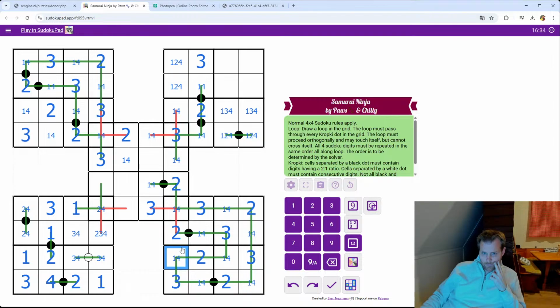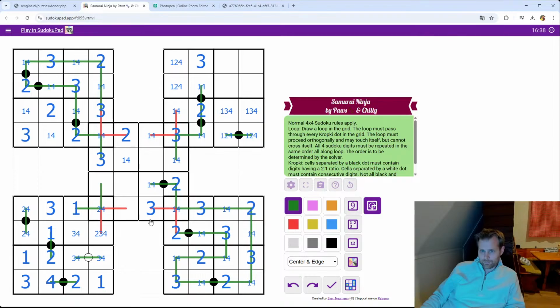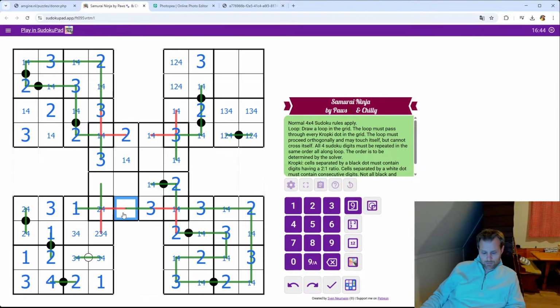Yeah, this one must continue. So basically we know this is a 1, 4. That means this is a 2, this is a 1, 4, and now we know this is a 4.